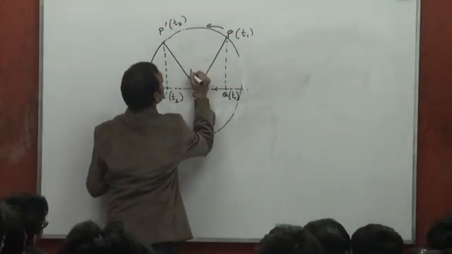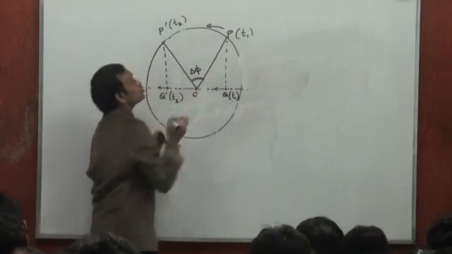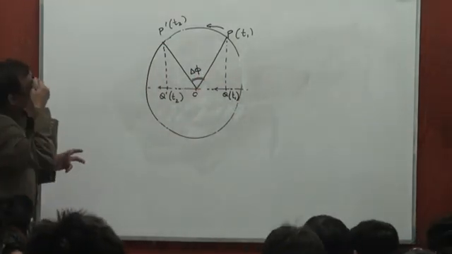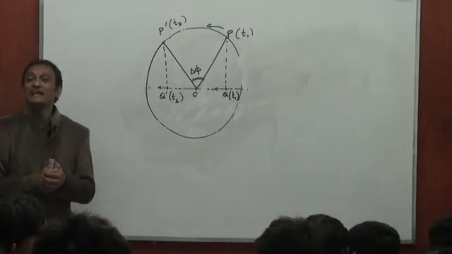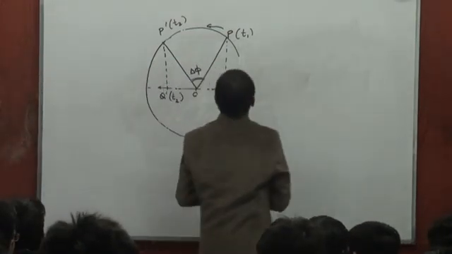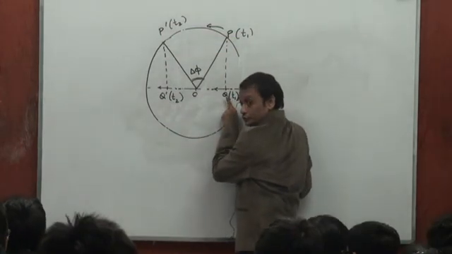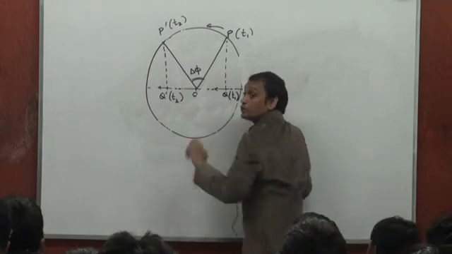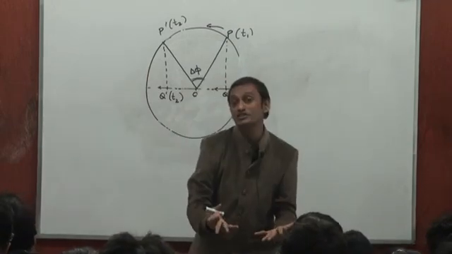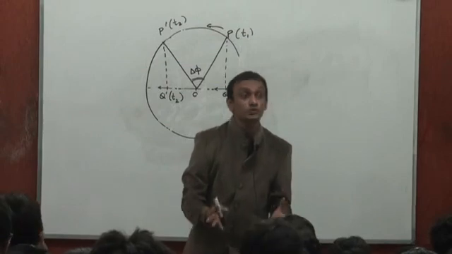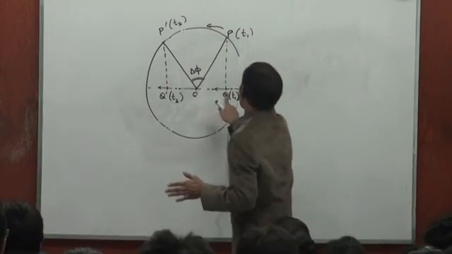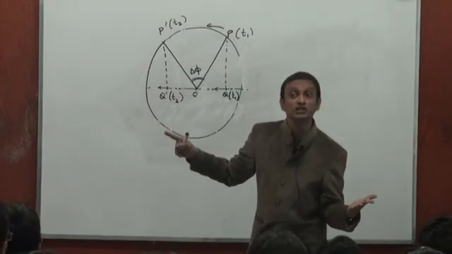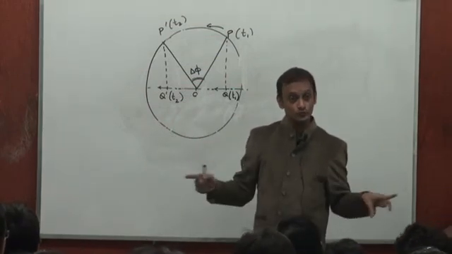If you choose to call this angle delta phi, we then say that between two positions of Q and Q prime, the phase difference is delta phi.